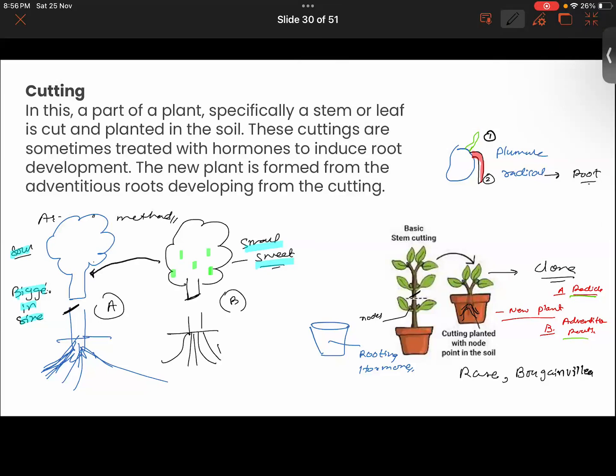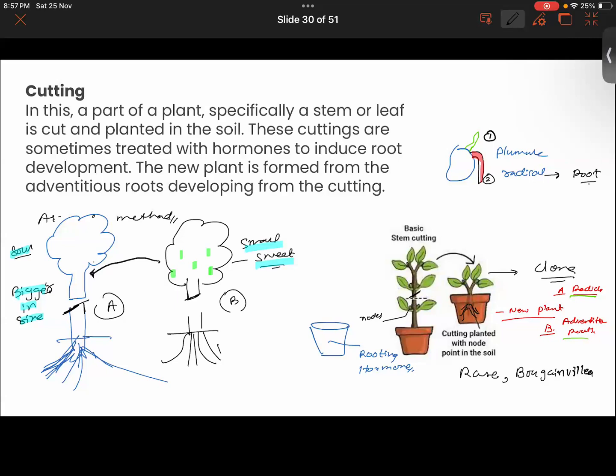They should be of the same plant. If one is mango, then the other would also have to be a mango plant. Exactly. You can't do the grafting on a mango and a lychee plant. Both have to be the same plant.